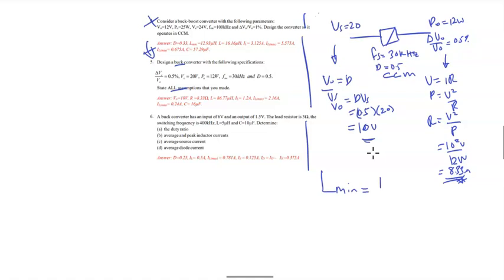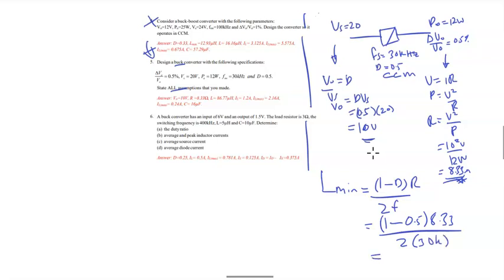If you refer to our appendix, it is equal to (1 minus D) times R over 2F. So 1 minus duty cycle that was provided, 0.5, times the R that we have calculated, 8.33, divided by 2 multiplied by frequency of 30 kilohertz.